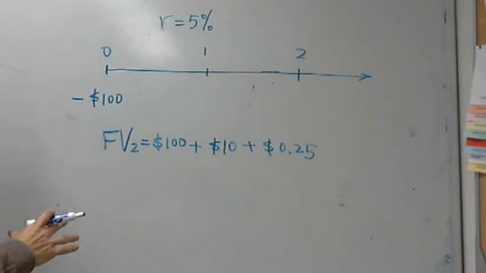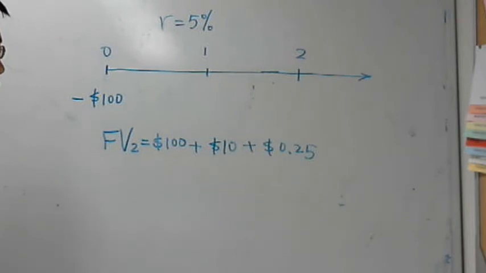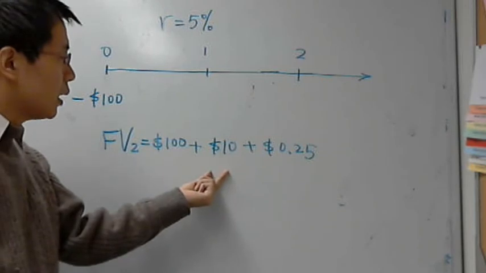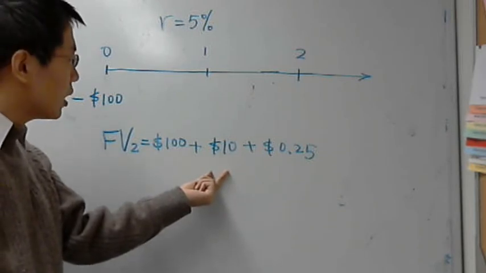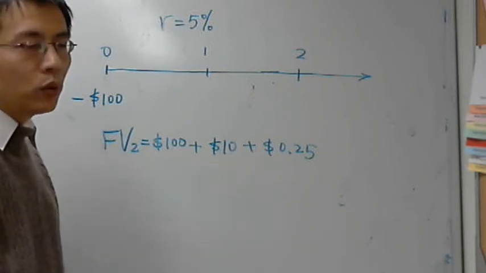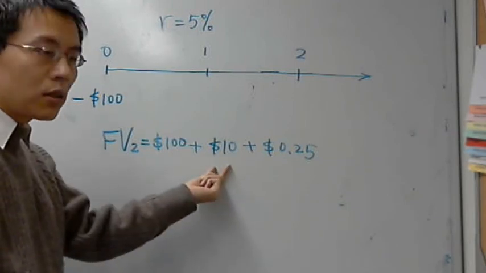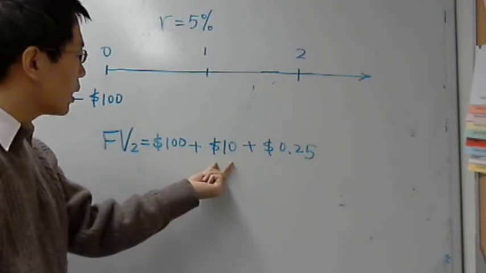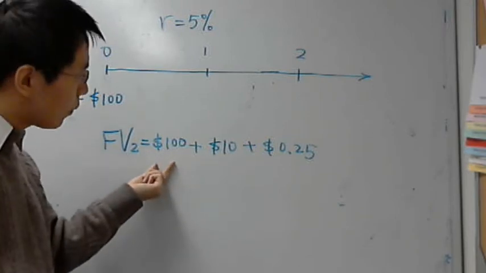By now we know the future value has 3 components. The first component is the initial principal, $100. This is the initial deposit. This initial deposit will generate $10 interest over the 2-year period. This is called simple interest. The simple interest is the amount generated by the principal.